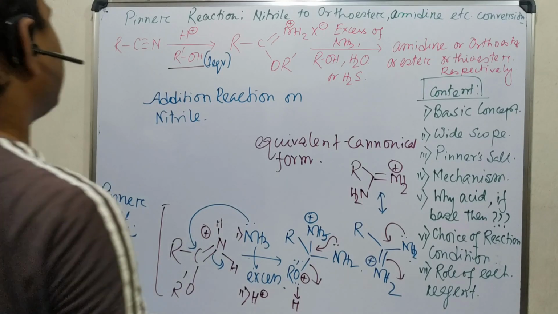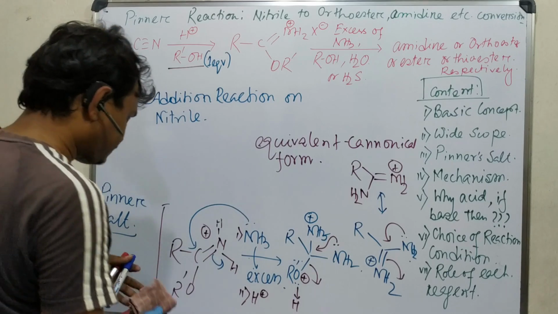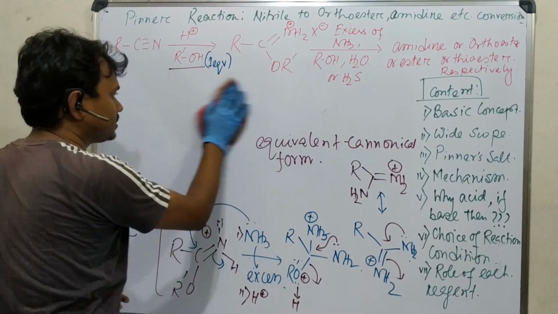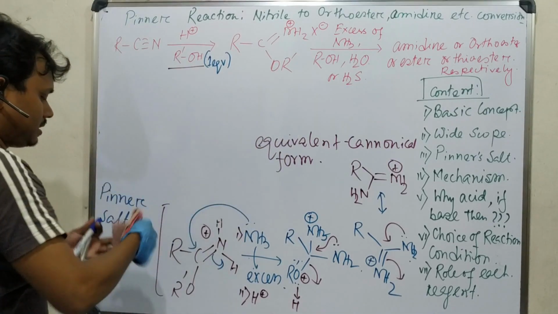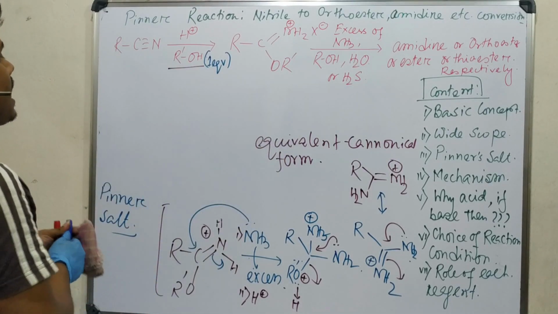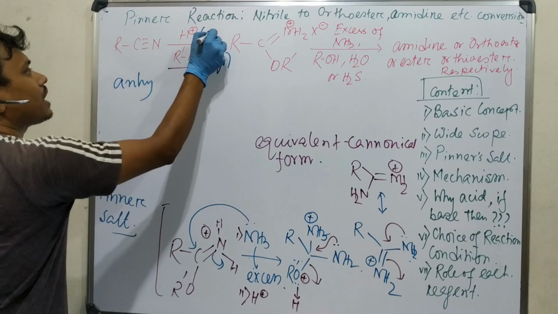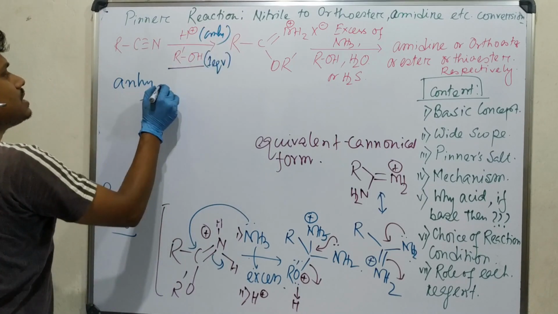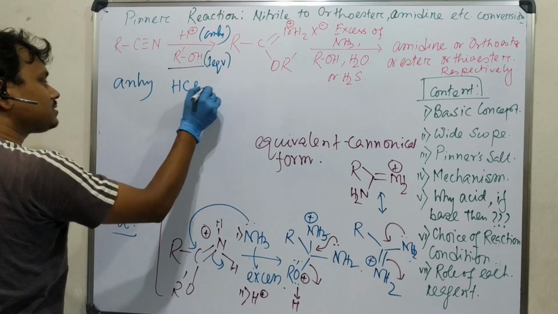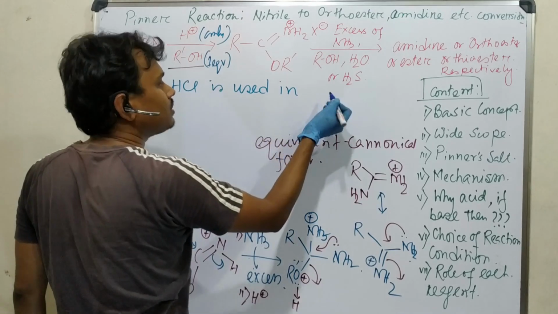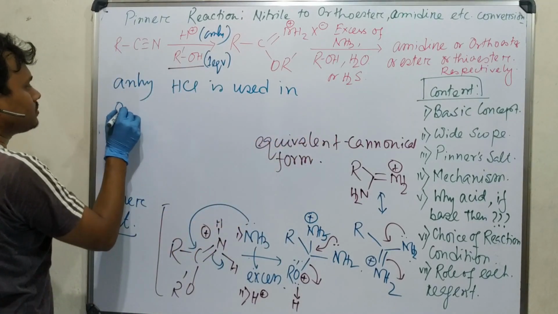Now let's come to the role of acid. So what acid is used? Generally anhydrous HCl is used in organic solvents.